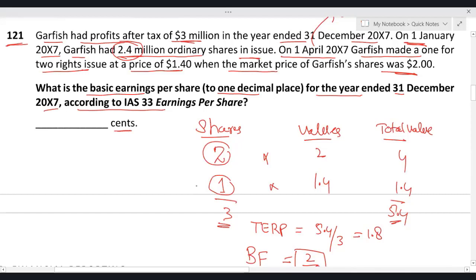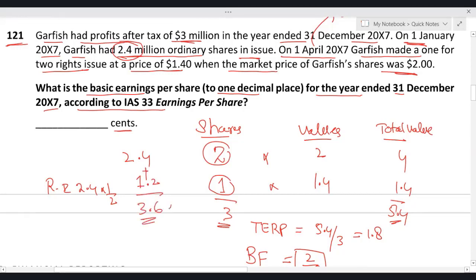Before the right, we have 2.4 million shares. To calculate the number of rights, we take 2.4 into 1 upon 2. Company has made 1 right against 2 shares. It means the number of rights is 1.2.